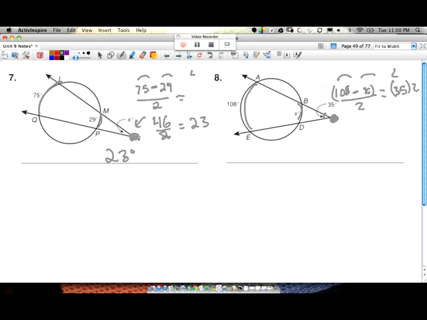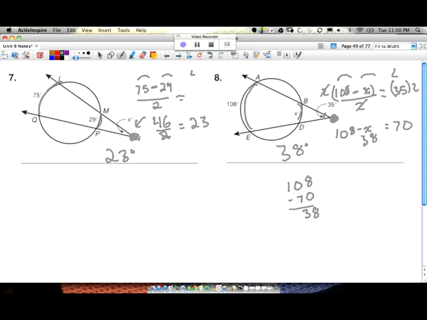I'll have 70 on the right, and on the left I'll have 108 subtract some number equals 70. So, well, what's the difference there? What would I subtract to get to 70? Well, let's find out. 108 minus 70 would give me 38. So this must be 38. 38 degrees. Sweet. Too easy.